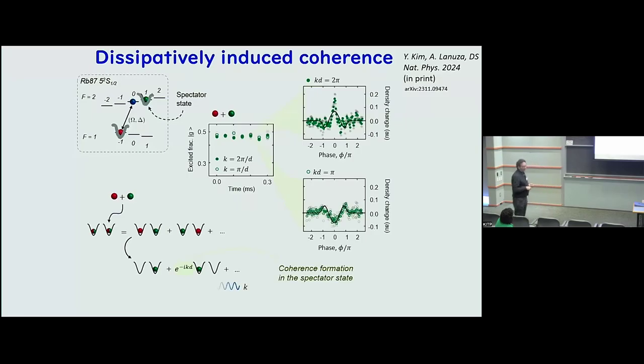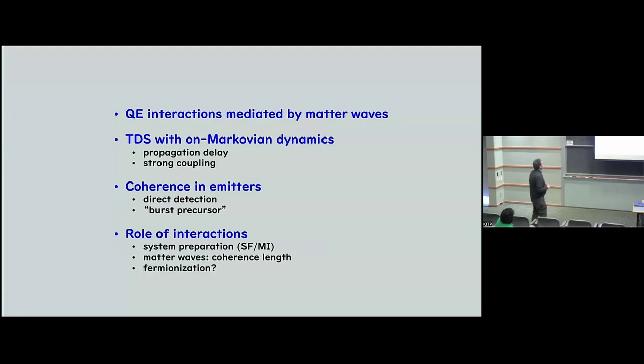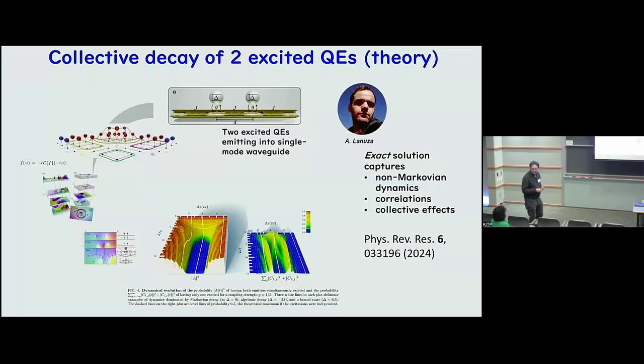The situation is very complicated, so it's probably very hard to model this in general. But Alfonso is very ambitious in his exact treatments of things, and he was able to develop an analytic exact solution for two excited emitters coupled to a waveguide that involves some very intricate complex analysis.